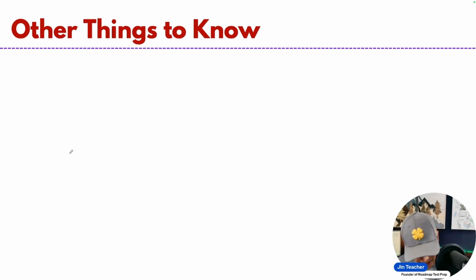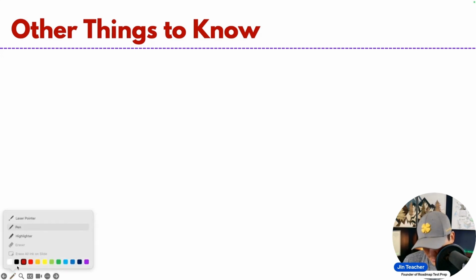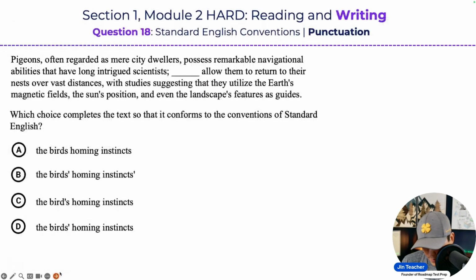But before we get into that, there are a couple of other things that I want you guys to be aware of with apostrophes. And maybe to save a little bit of time here, maybe we'll talk about these things as we work through apostrophe questions with nouns. And then we'll jump into apostrophe questions with pronouns in just a second, right after we cover these 2 questions.